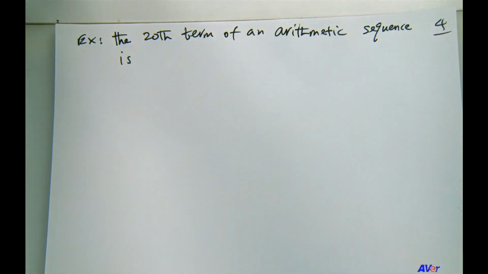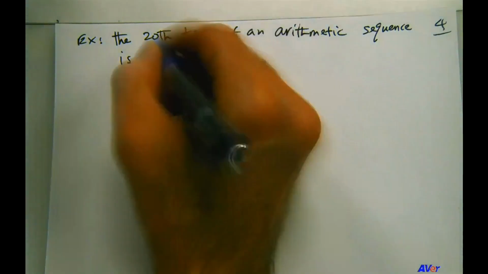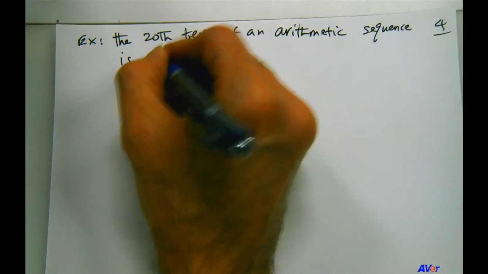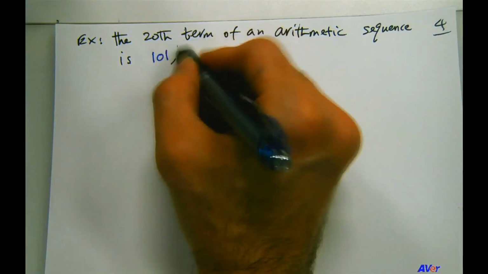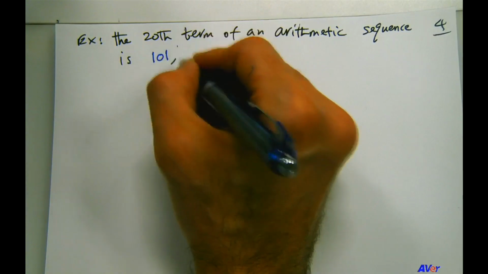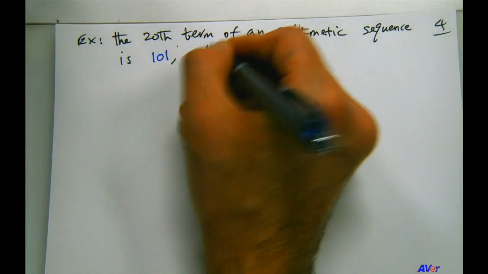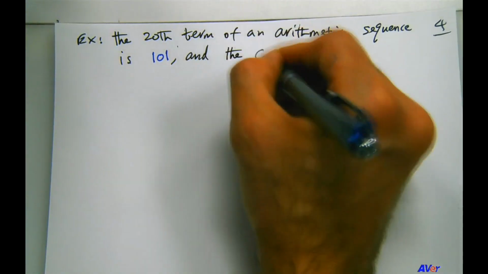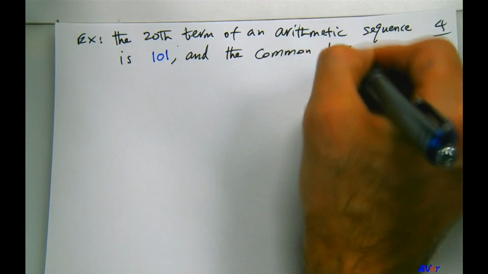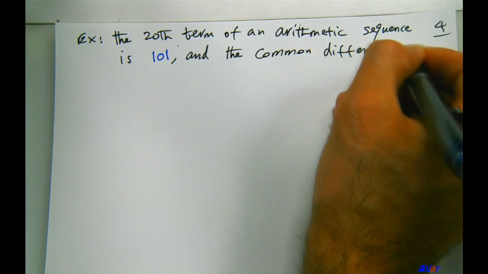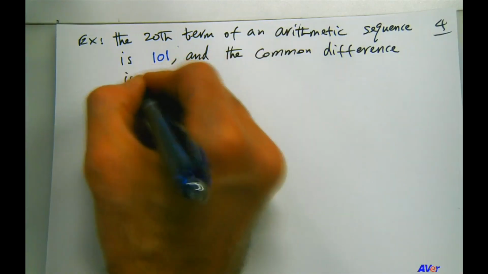So the 20th term of an arithmetic sequence is 101. Okay, that's the 20th term in the sequence. And the common difference is 3.